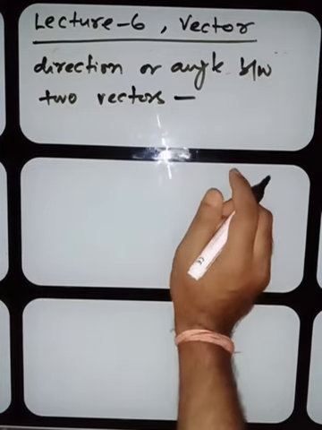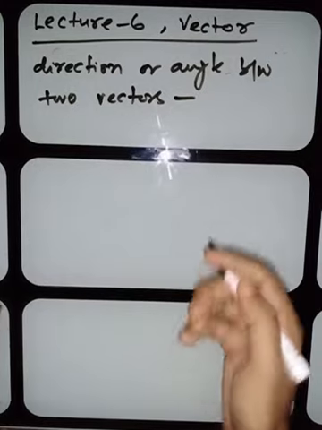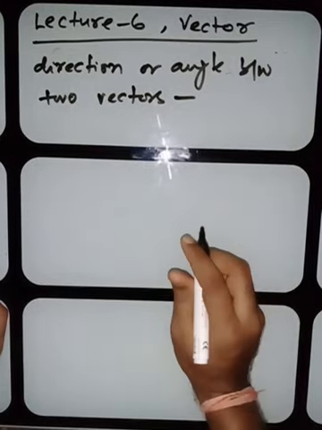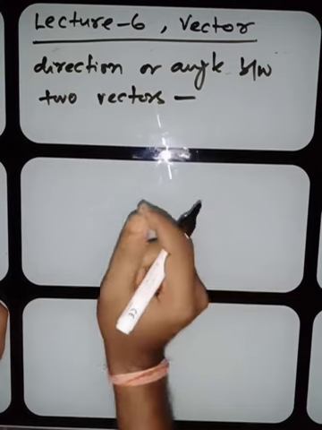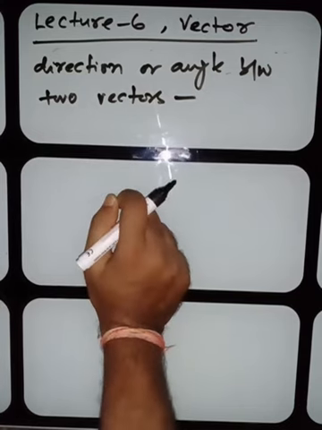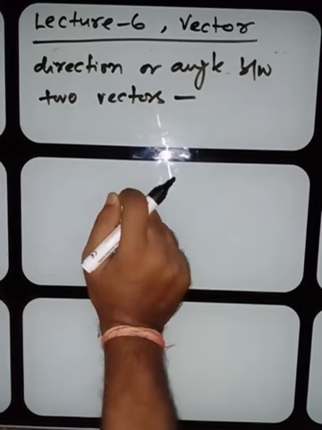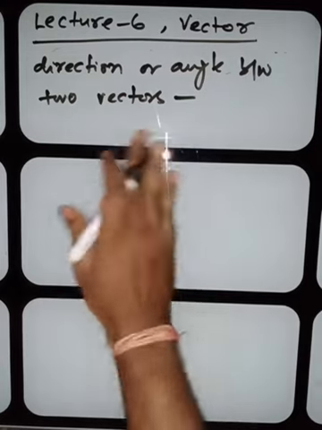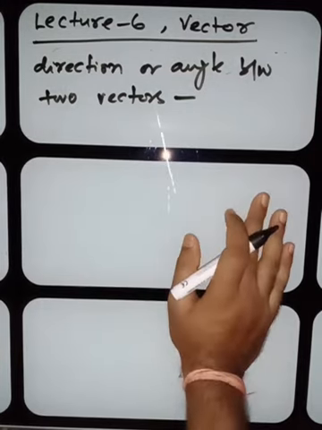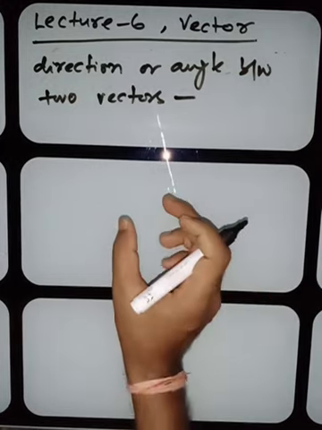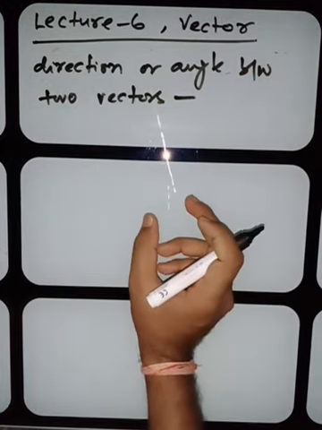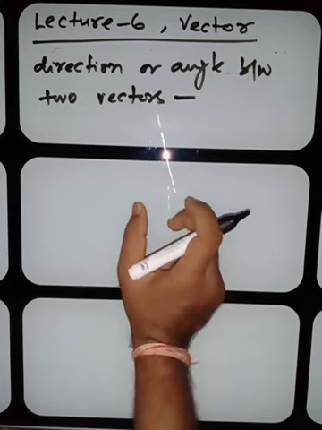The very important point you should write: angle must be considered with head to head or tail to tail. I hope you have written it in your notebook. Again, I'm telling you, angle must be considered with head to head or tail to tail.